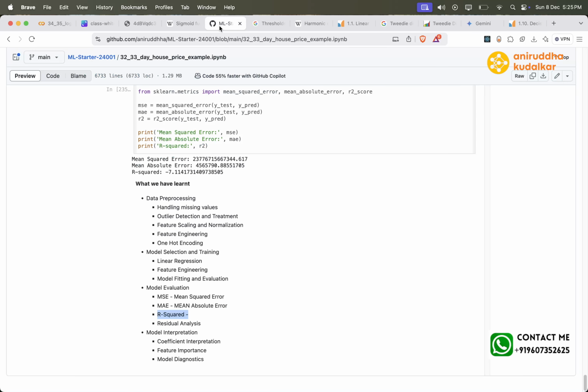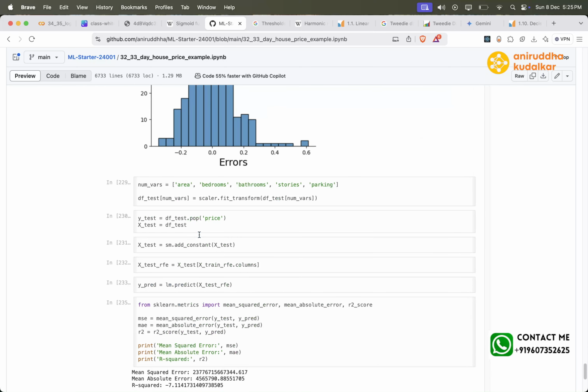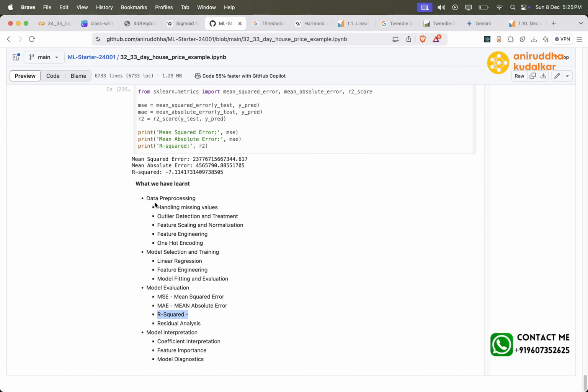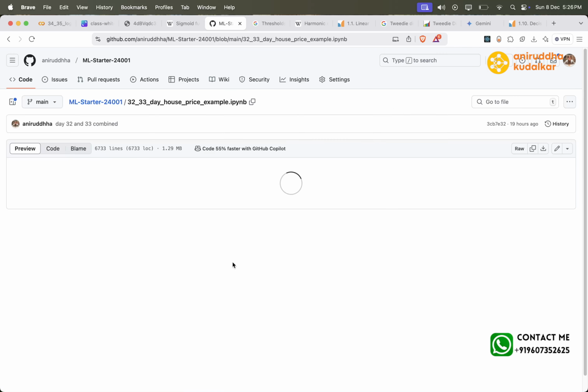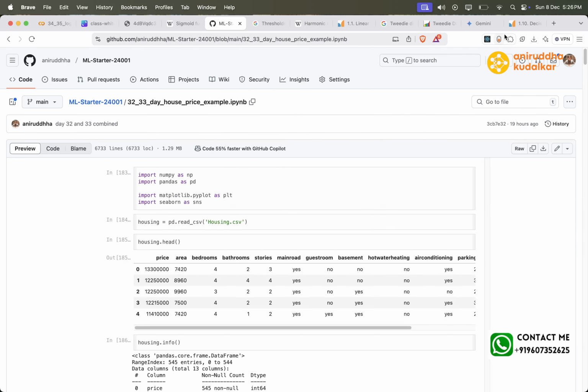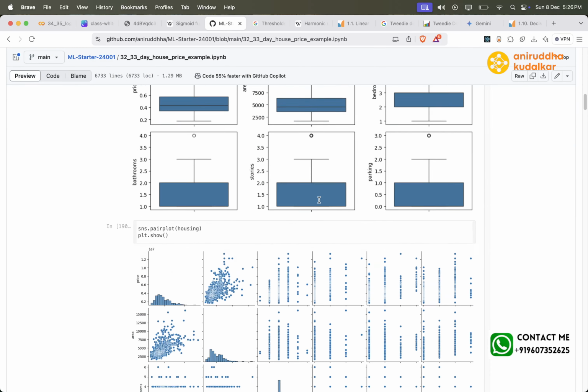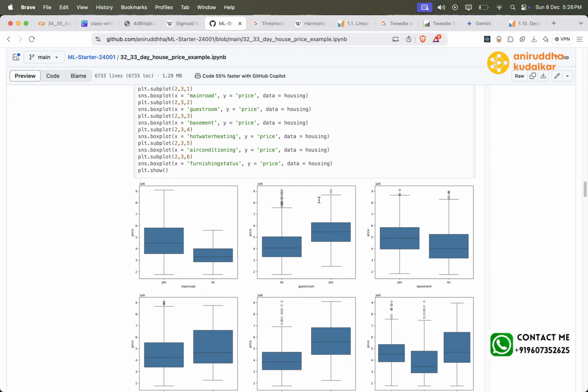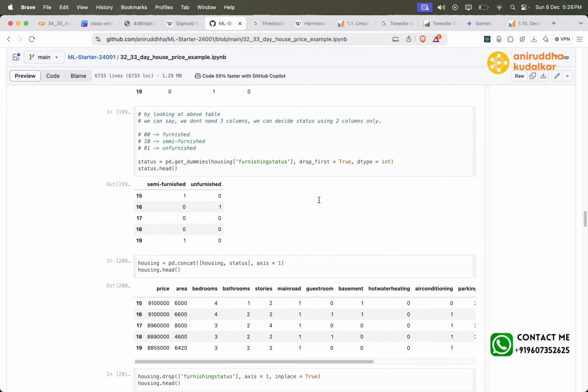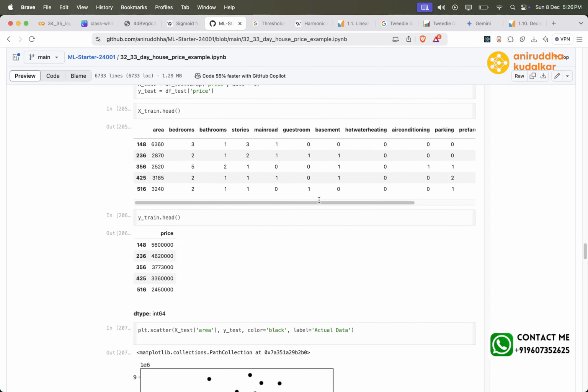So the first step is the EDA. If you go over here, data pre-processing. Before this also, you get to know about your data. All this analysis will help you understand which algorithm should be used.